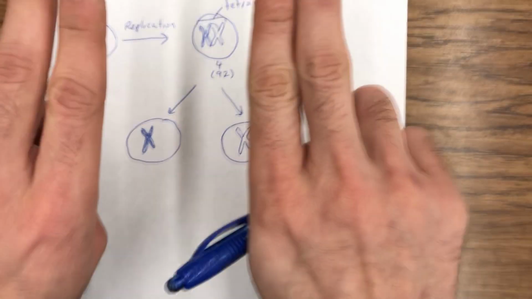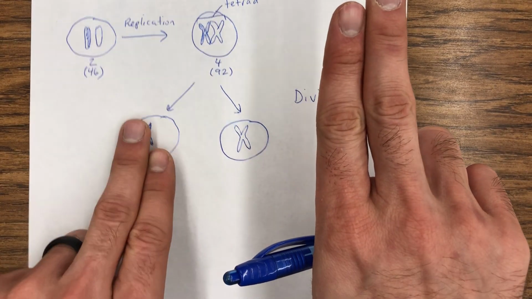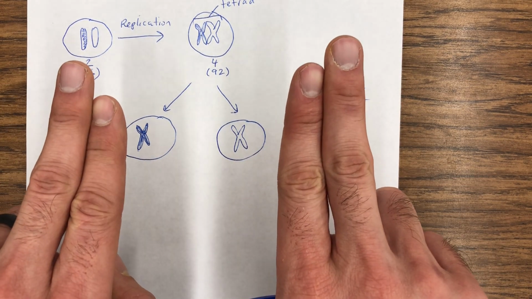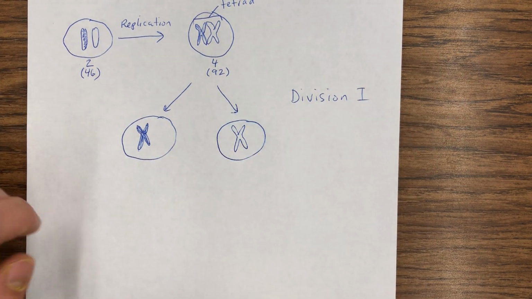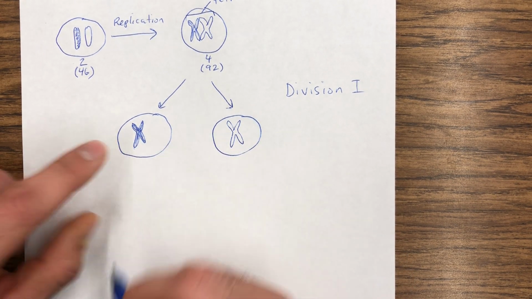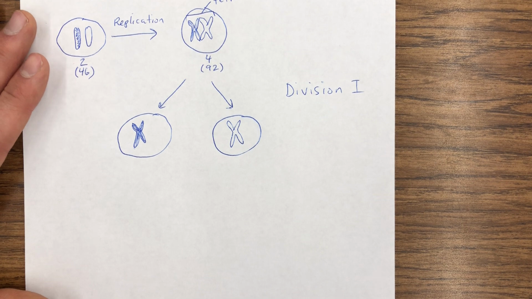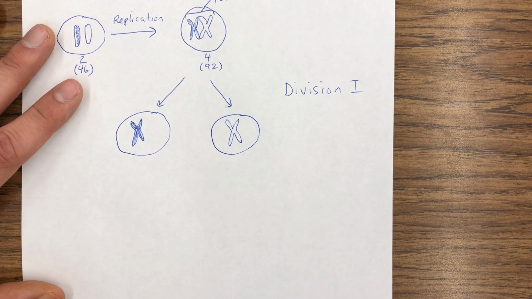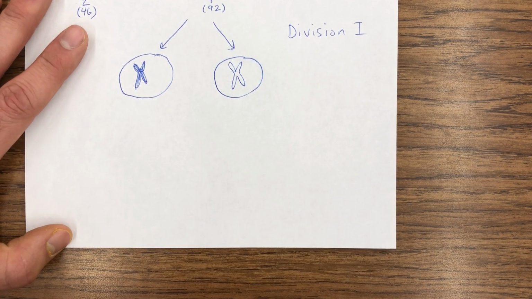Now, the next thing, so we are here at this point. This one is this cell, this one is this cell. They are going to separate like that. And if you'll remember, these are called sister chromatids. They are identical, okay? Actually, that's not entirely true for reasons that we did not go over, but that's okay for now.